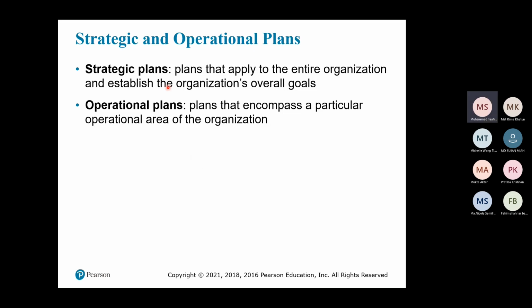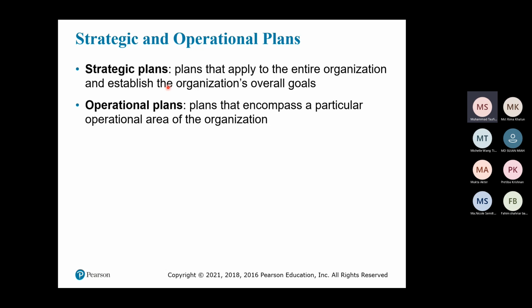So in simple terms, a strategic plan is the plan for the whole organization, while an operational plan is a plan for a specific department. For example, you have a sales department operational plan, a technical department operational plan, maybe a logistics department operational plan.